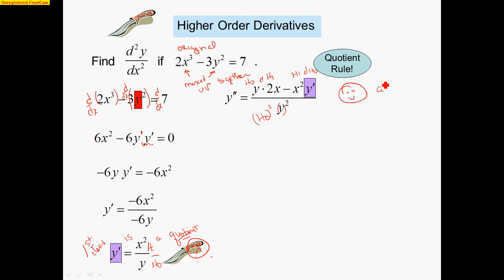You get almost full credit. From a problem starting here, having to get all the way through the first derivative, then do the quotient rule, and get the second derivative, you get almost full credit.